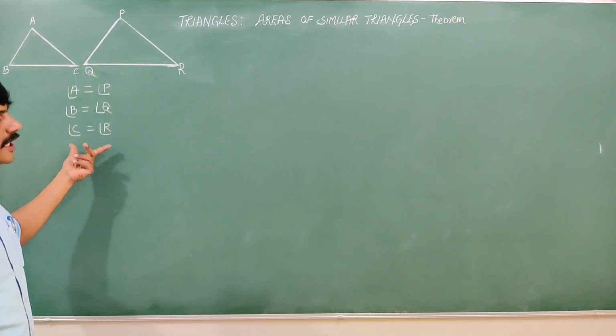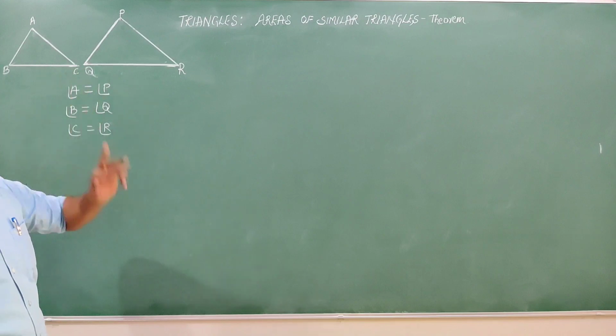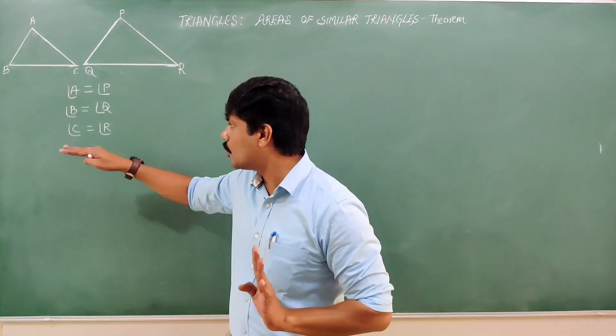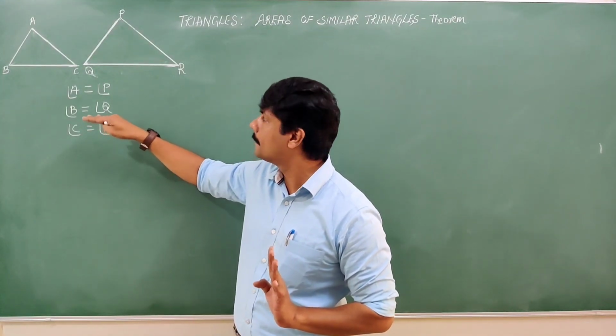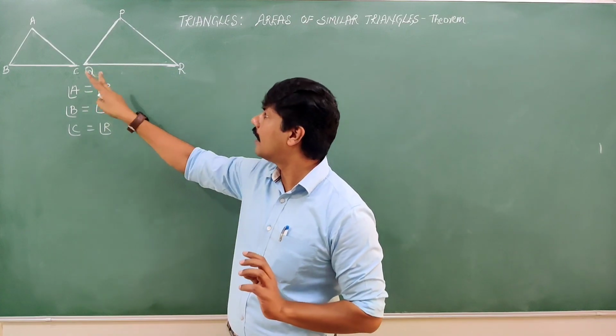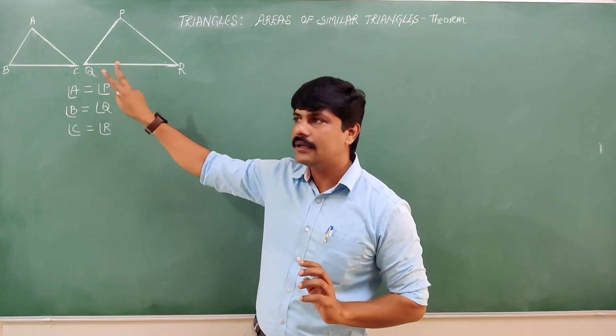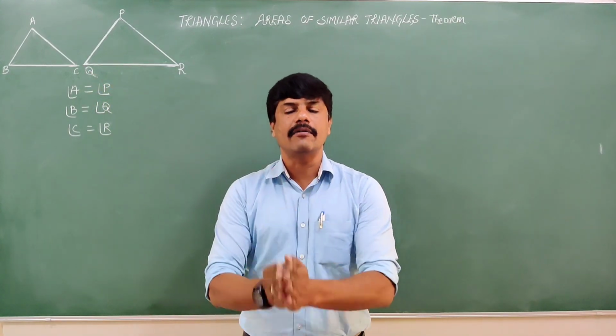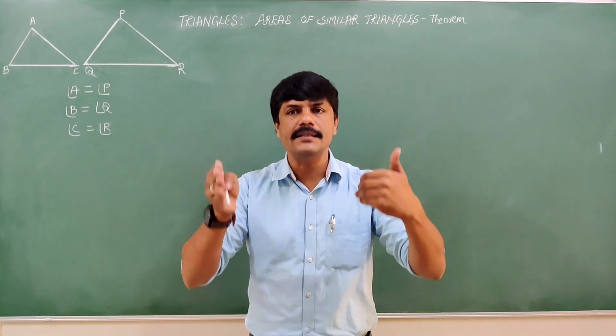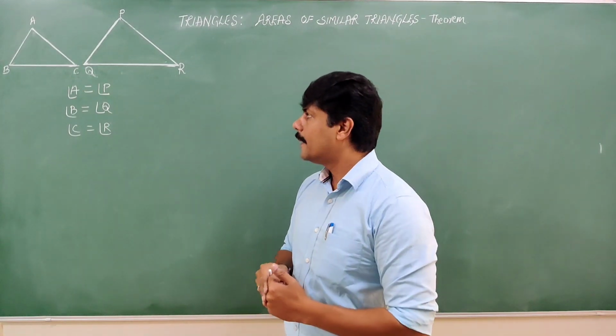These are the corresponding angles of the two triangles. This is the first condition: the corresponding angles of the two triangles are equal, because the statement is about similar triangles.